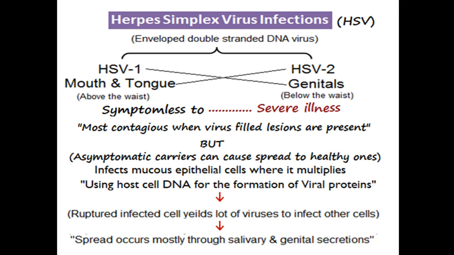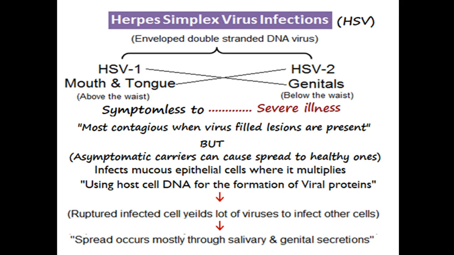Even HSV2 can infect the tissues above the waist, and even HSV1 can infect the tissues below the waist. But mostly HSV1 causes infection of the mouth and tongue, though it can cause infections of the tissue below the waist.